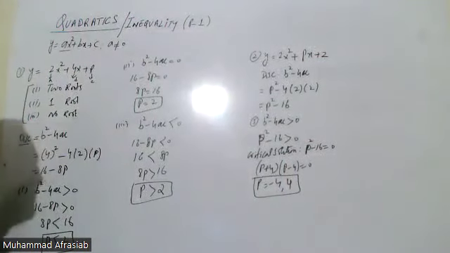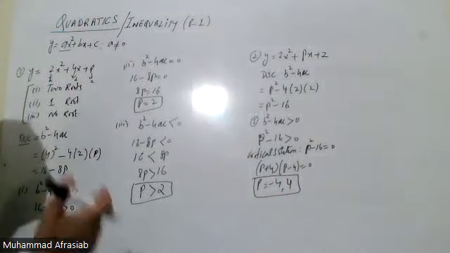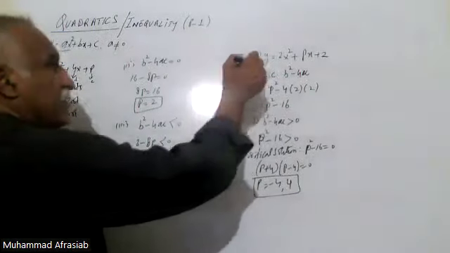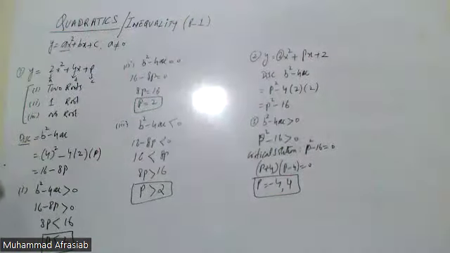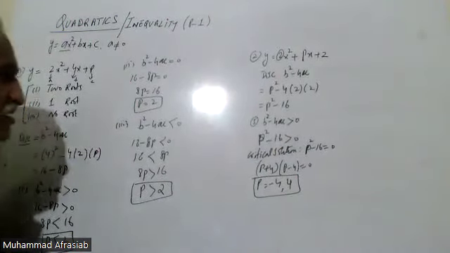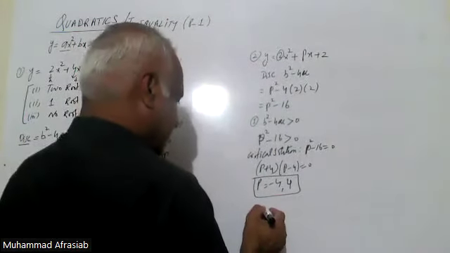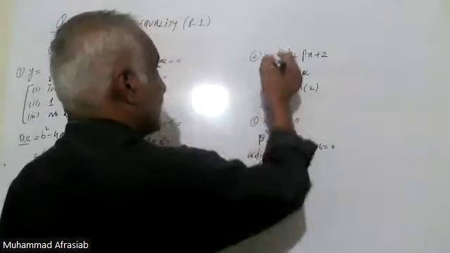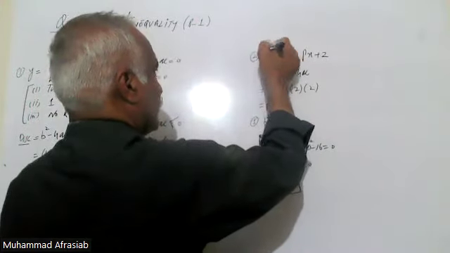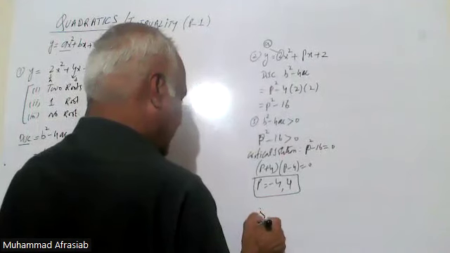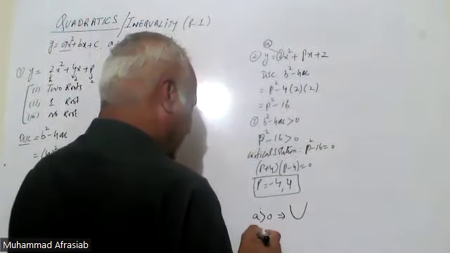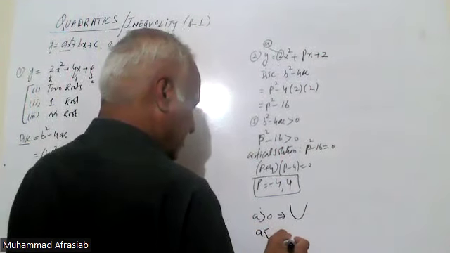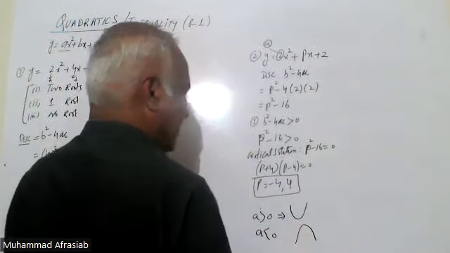Now you will draw the sketch of this according to the quadratic. Since the coefficient of x squared is 2, the shape of that graph will be a minima. It is the value of a, let's say. If a is greater than 0, then the shape of the graph will be a minima, and if a is less than 0, then the shape of the graph is a maxima.